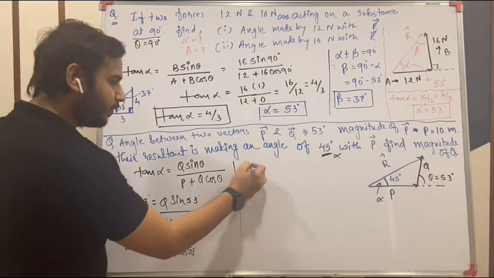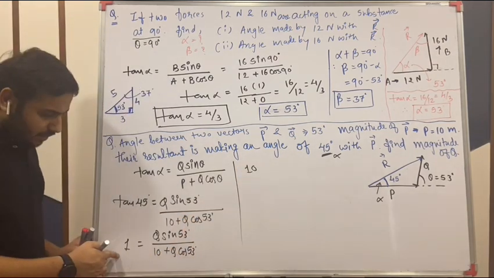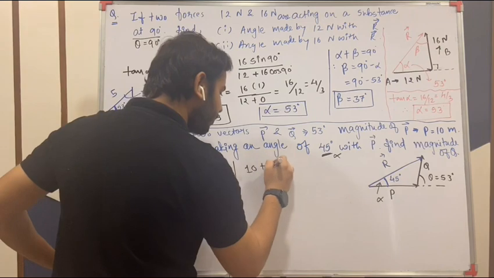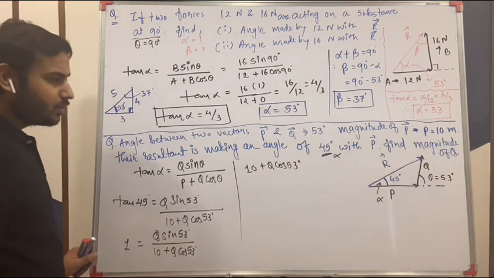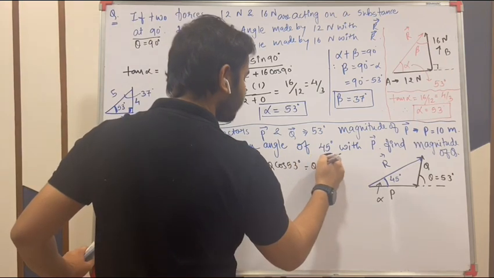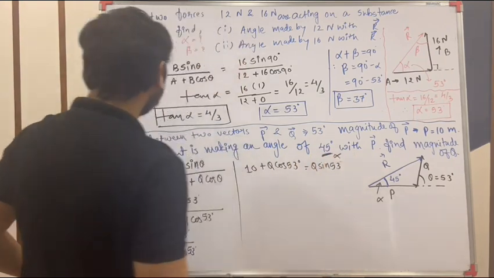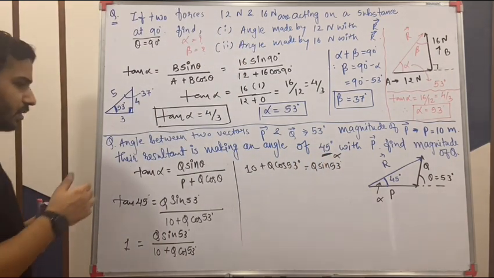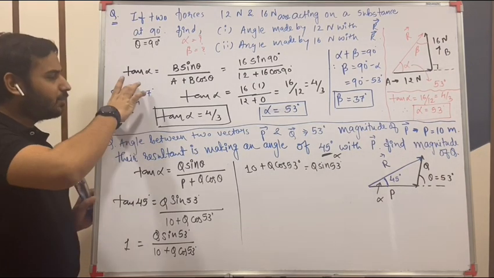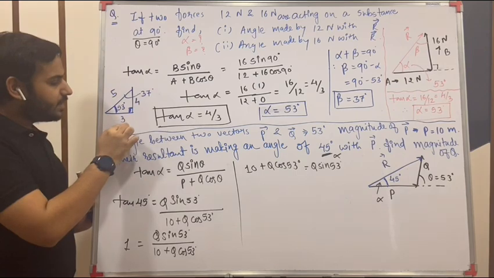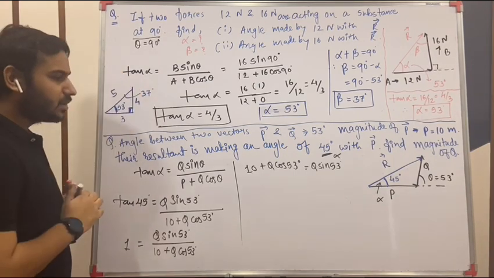Okay, therefore you multiply this: 10 plus Q cos 53 is equal to Q sin 53. See, for this triangle, what is cos 53? Adjacent upon hypotenuse. Adjacent is 3, hypotenuse is 5.